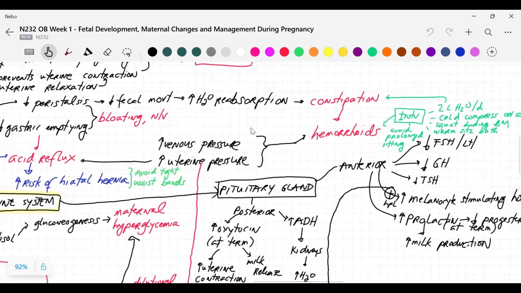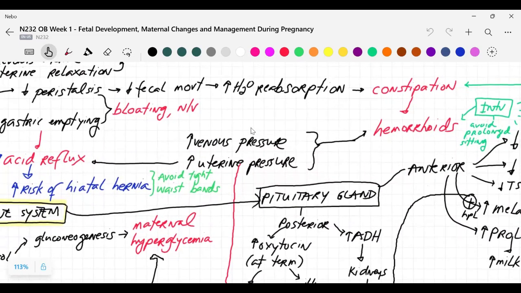And then the hemorrhoids part on here is because the greater the abdominal pressure, the more pressure there is on the veins right here. Hemorrhoids are like varicose veins, if you want to think of them that way. Varicose veins in the anus.